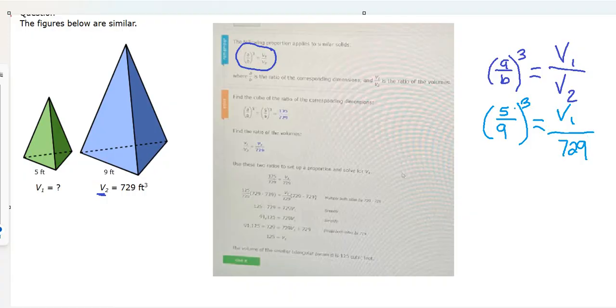If you set this up as green to blue, this one has to be set up green to blue too. If this was flipped, you'd get it wrong. It has to be the same order.